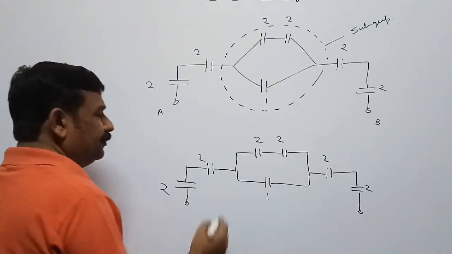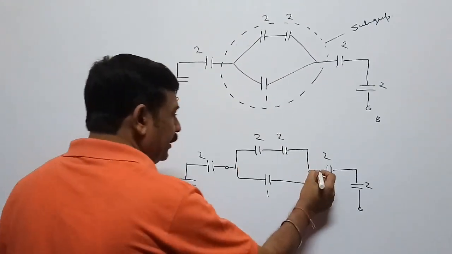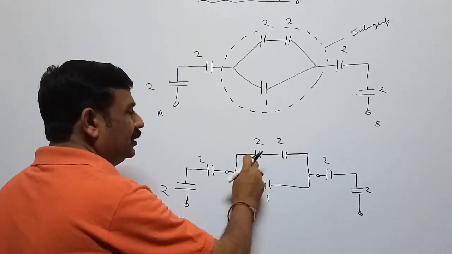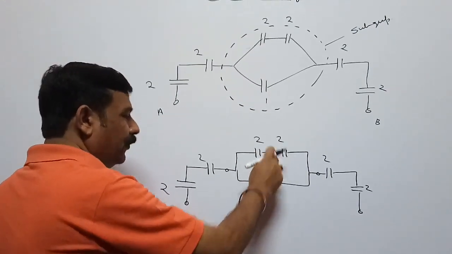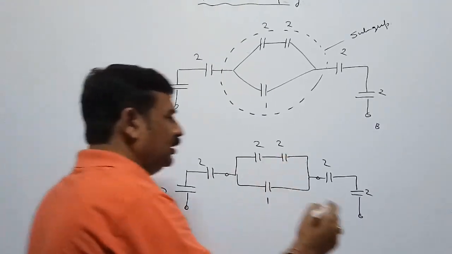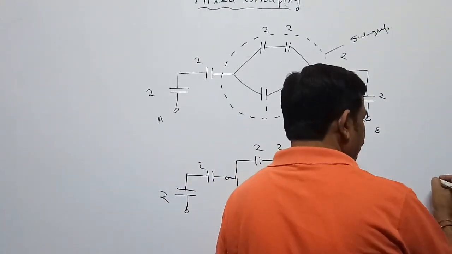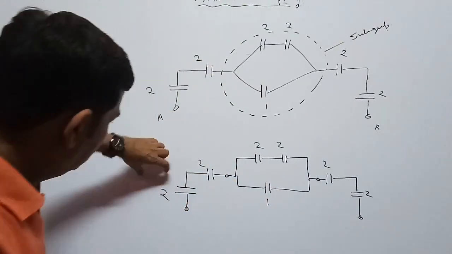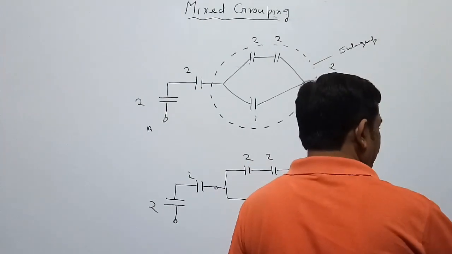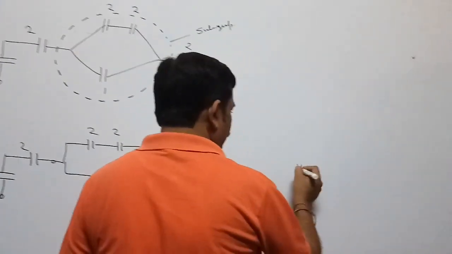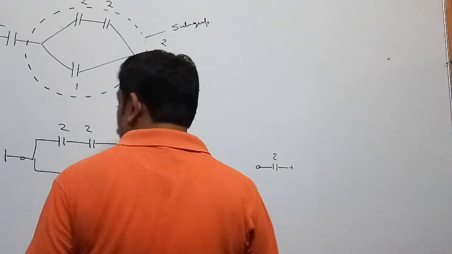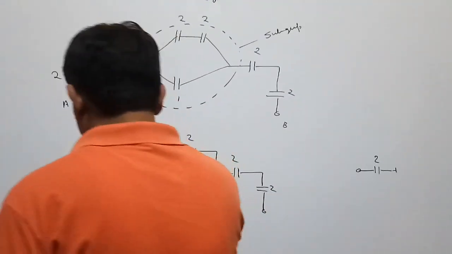Now in this subgroup, with respect to entrance and exit points, these two are in series, net will be 1. 1 and 1 will be in parallel, net will be 2. So we can reduce this figure as this portion shifts this side, this portion shifts that side. This is 2. Now this point A will reach here.